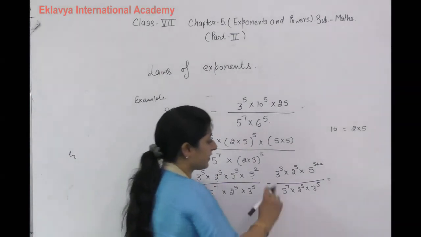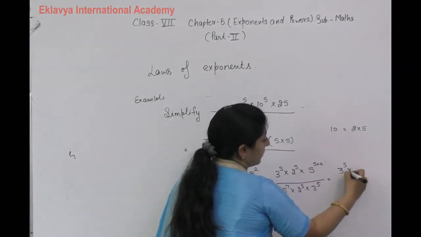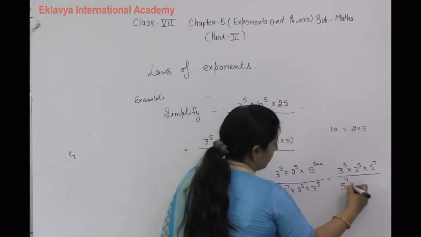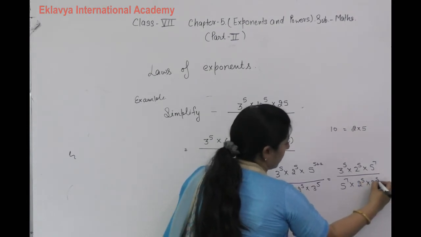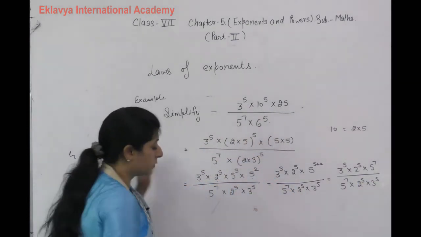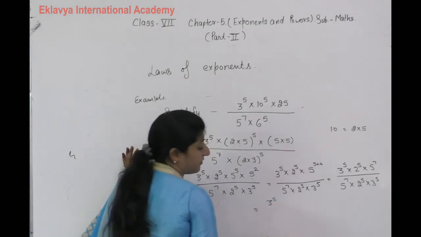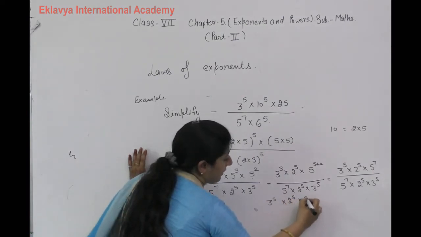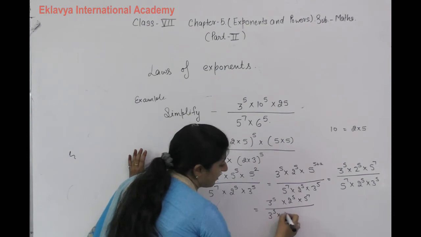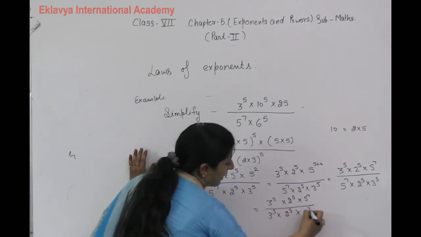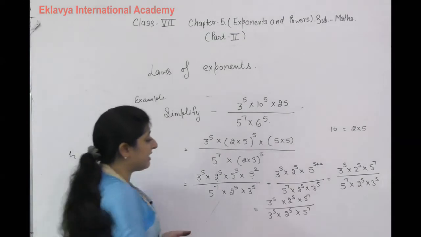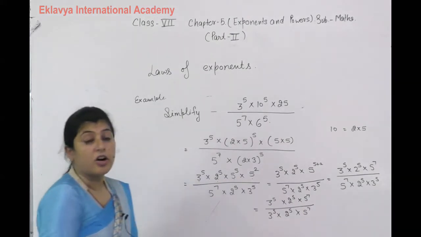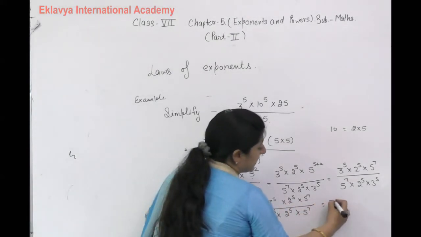Now see, 3^5 into 2^5 into 5^7 upon 5^7 into 2^5 into 3^5. Rearrange it: 3^5 into 2^5 into 5^7. If you can see that it is equal, then you can cut it and the answer will be 1.